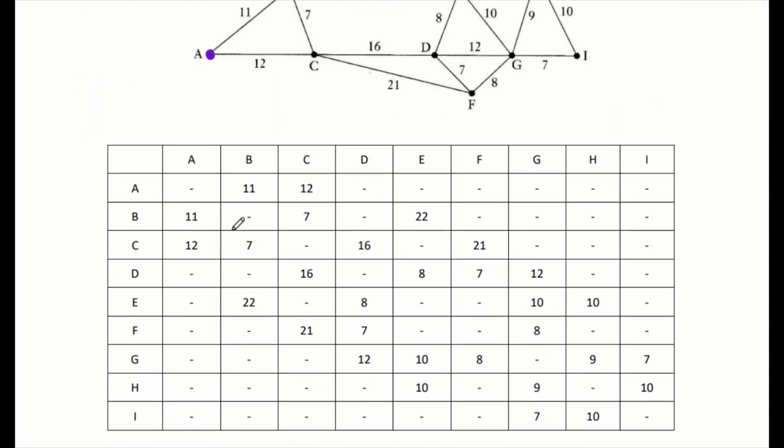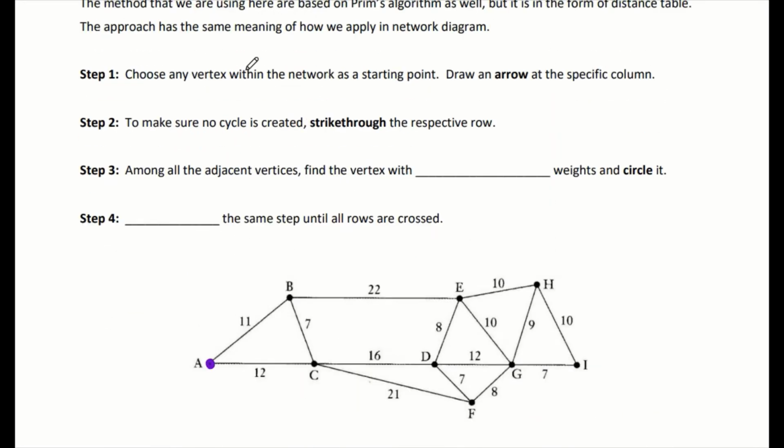But if we are looking at the distance table, sometimes when we are trying to find the adjacent vertices, it will be very difficult to avoid a cycle, or you always have to remember that you cannot choose A. So the easiest way to avoid creating any cycle is to straight away cross out the whole respective row to reach A, or strike through the respective row. So first step, arrow. Second step is to strike through the respective row that you have drawn an arrow.